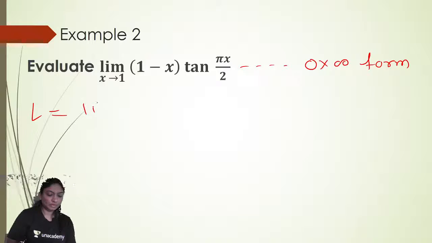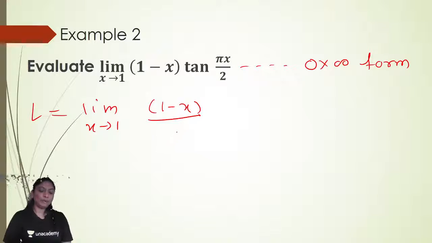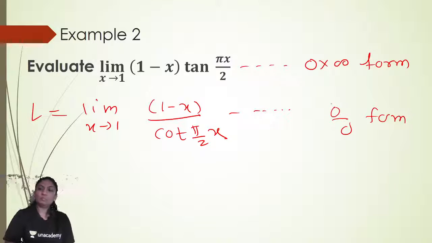L is equal to limit as x tends to 1, (1 minus x) upon 1 upon tan pi by 2x, which is nothing but cot pi by 2x. So it is converted into 0 upon 0 form.